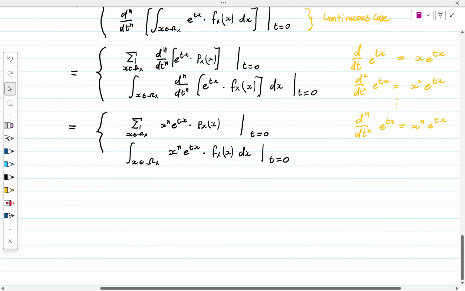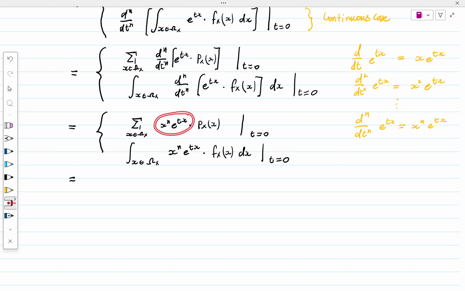So far, so good. Hey, what do you know? We've come up with two functions, and they're very similar. Look at this. The first function is the definition of the expectation of x to the n e to the tx in the discrete case, and the second expression is the definition for the continuous case.